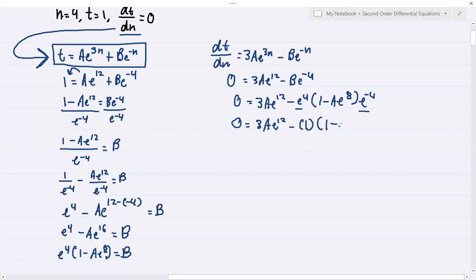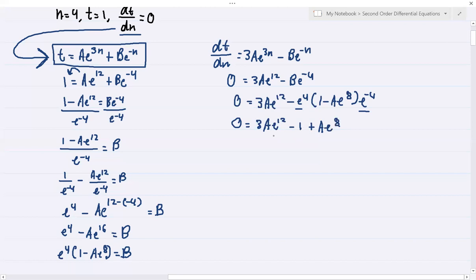So 1 times quantity 1 minus a e raised to 8. If you multiply 1 by this expression, the answer is still 1 minus a e raised to 8, no changes at all. Now let's distribute our negative sign to this expression, so we will have minus 1 plus a e raised to 8.